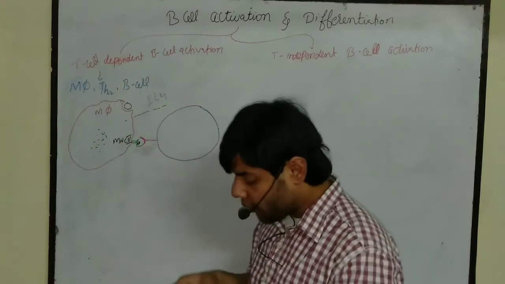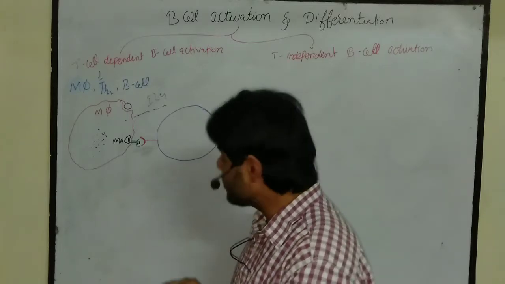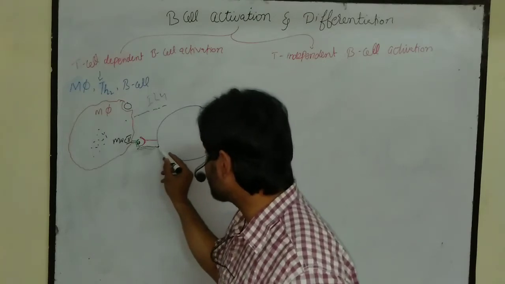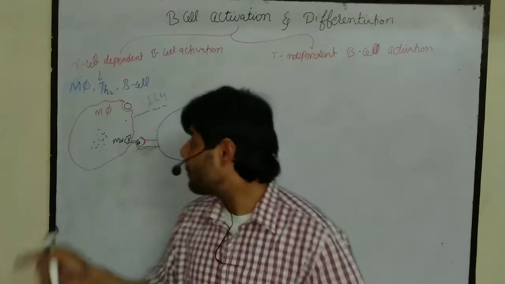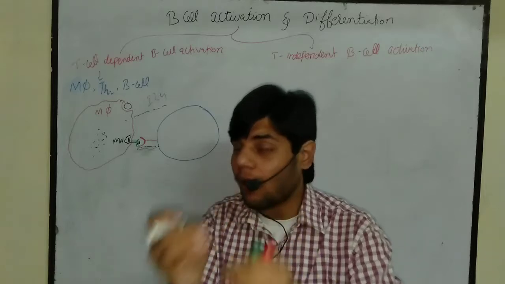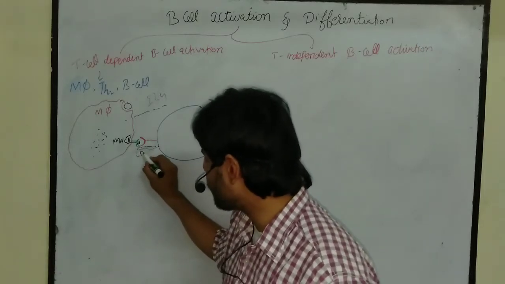Moreover, this naive T cell also has the CD4 molecule. This CD4 molecule properly places this T cell receptor on this MHC2 molecule to recognize the antigen completely or fully, we can say. This is the CD4.